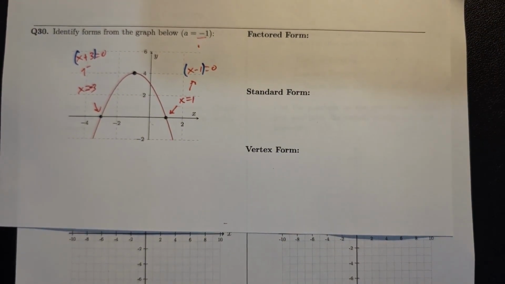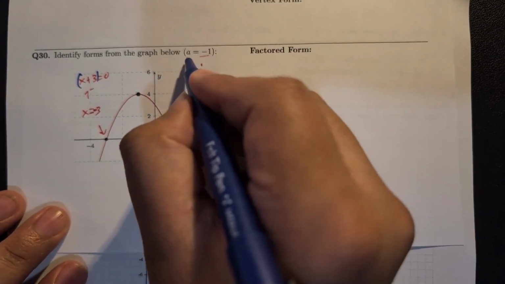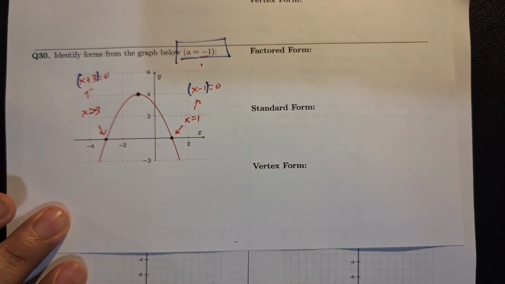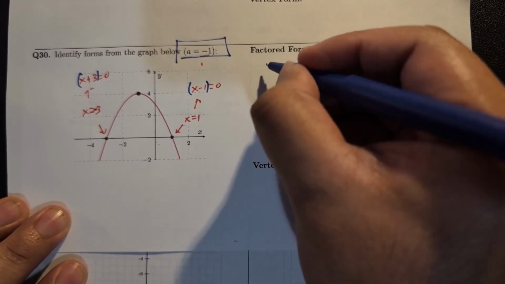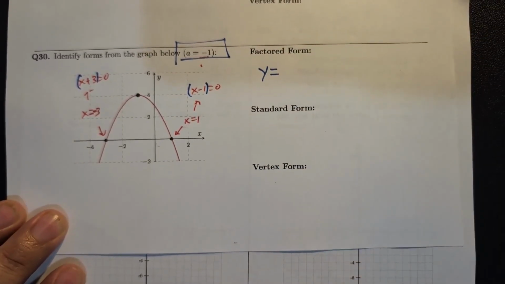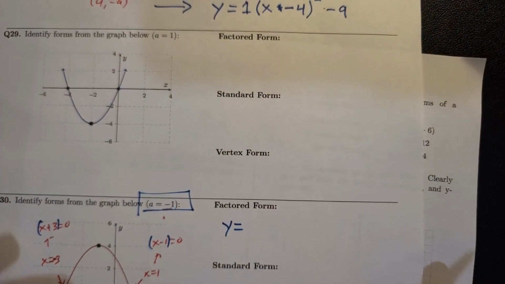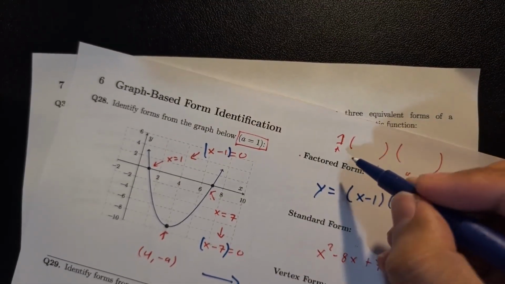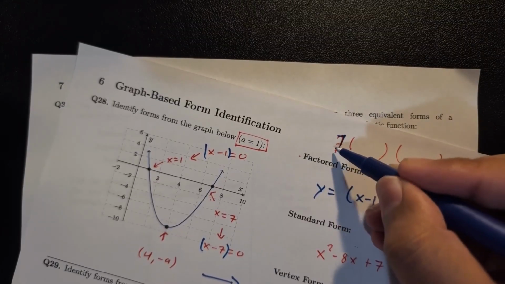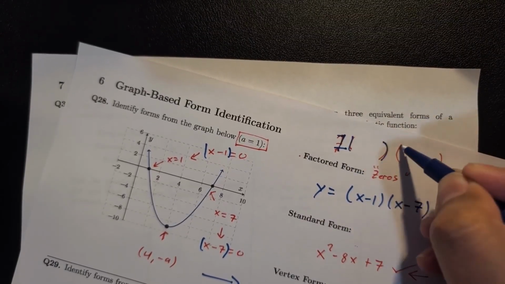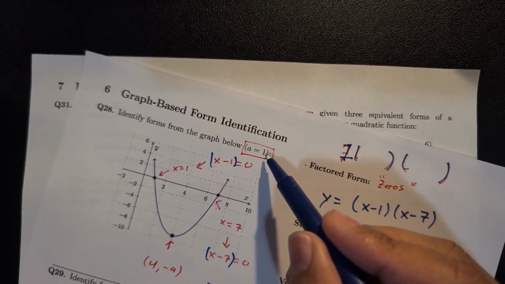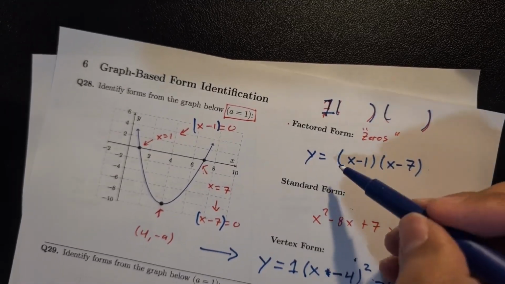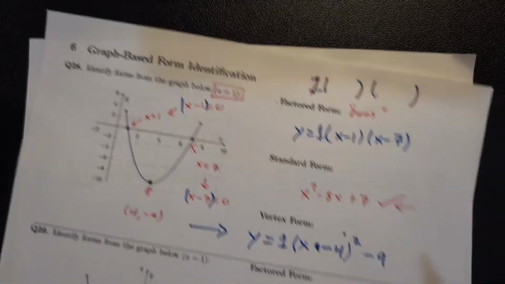Now, the reason why this one is different is because x is equal to negative 1. So when I write it as y is equal, here we were able to write it as 1 times my factors because a was positive 1 and that did not change anything, right? This is my 1.